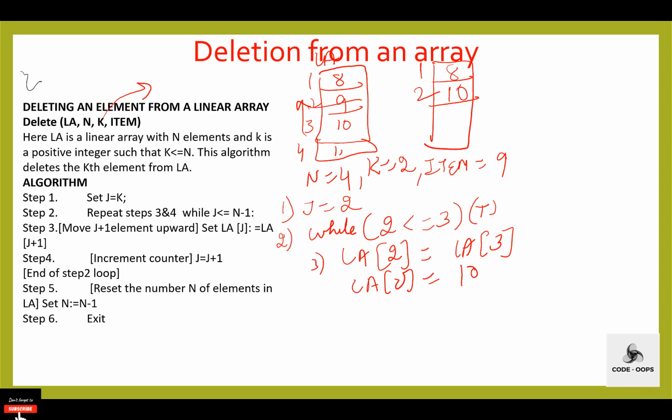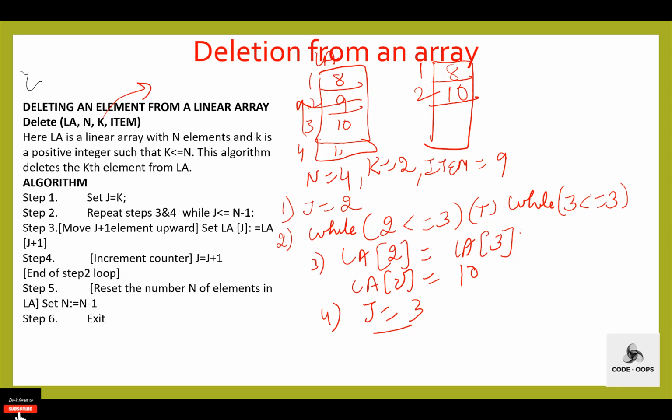Then step 4, j is equal to j plus 1. J is 2, 2 plus 1 is 3. Again repeat steps 3 and 4 while the condition is evaluated to be true. 3 is less than or equal to 3, the condition is evaluated to be true. Then move the j plus 1 element upward.